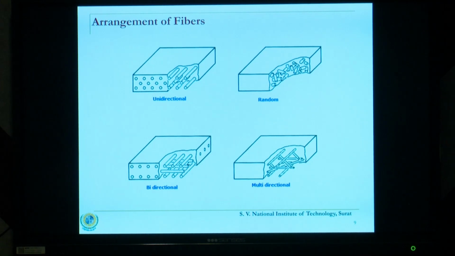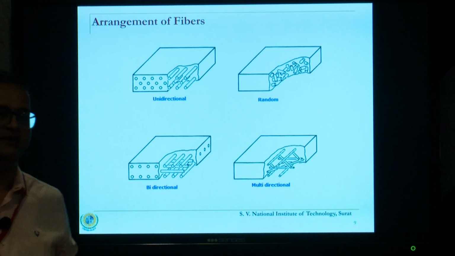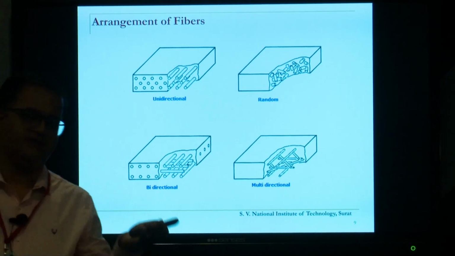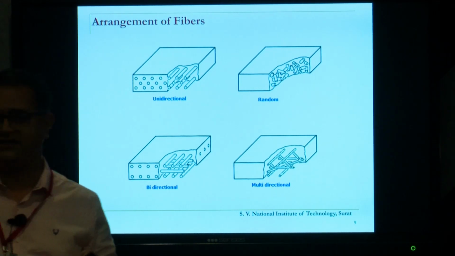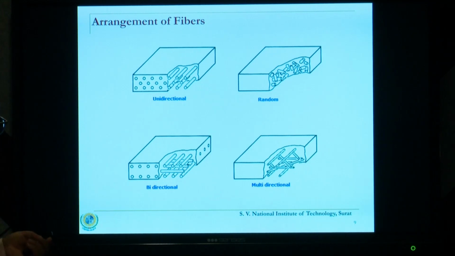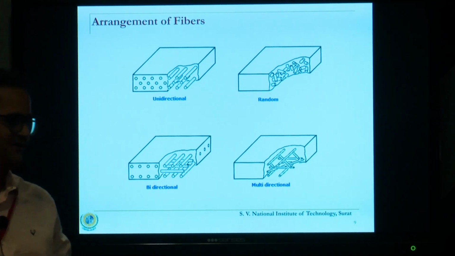Then there are multidirectional also. Multidirectional means you mix them. If we are working on it, we try to put them perpendicular to each other and then at certain angles with each other. So, that is how it takes a multidirectional approach. And finally, there is something which our life also goes that way naturally, that is the random arrangement of the fibers.